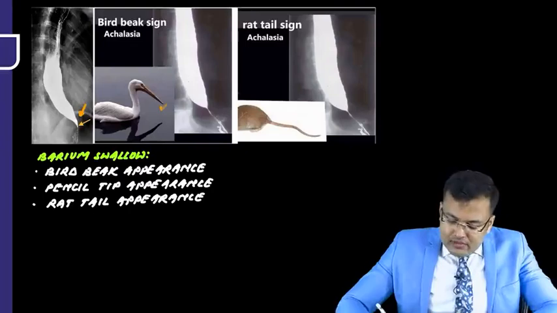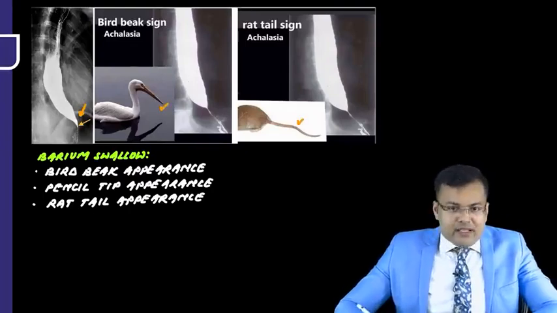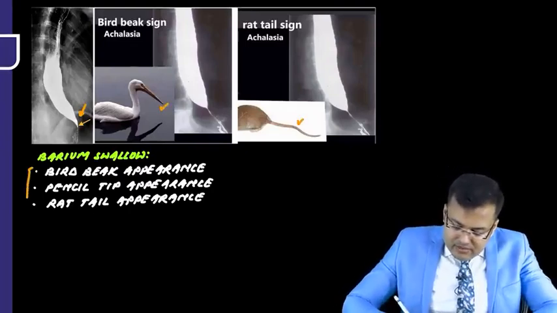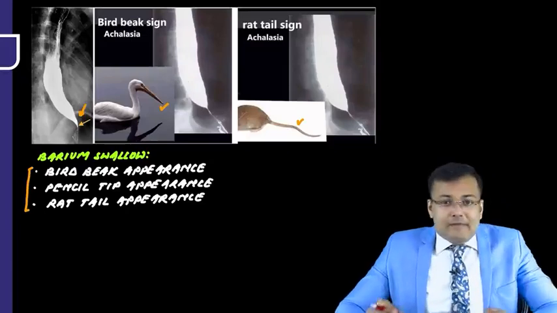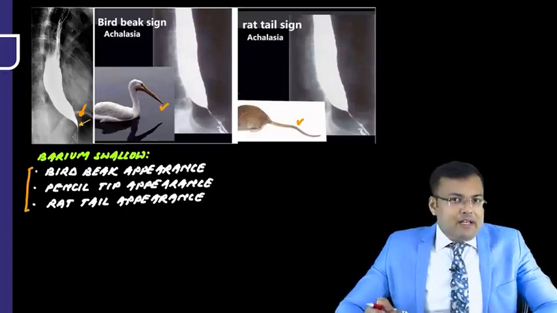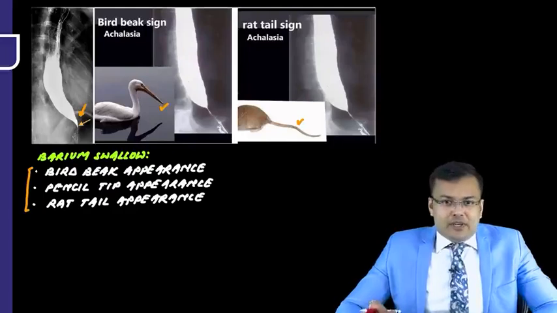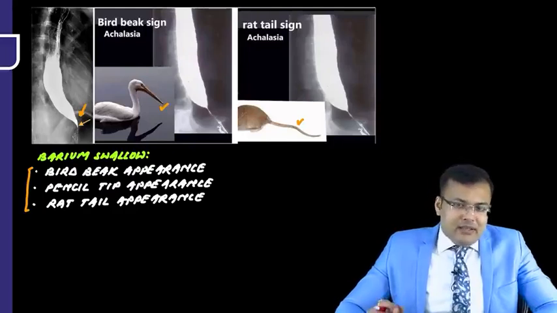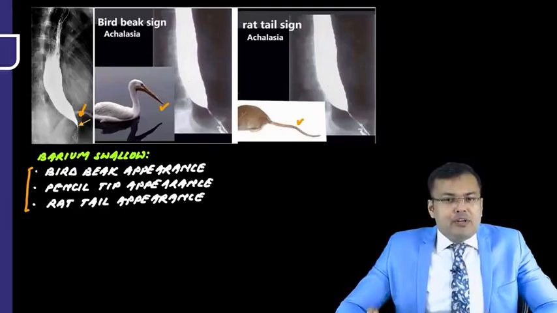A rat tail filling defect is seen in carcinoma esophagus, but rat tail appearance is seen in achalasia cardia. So bird beak, pencil tip, rat tail appearance on barium swallow.